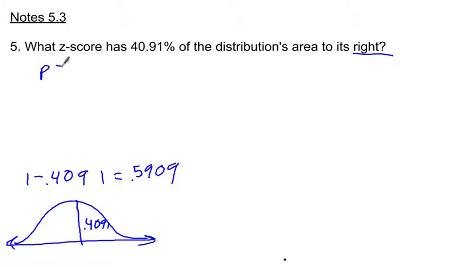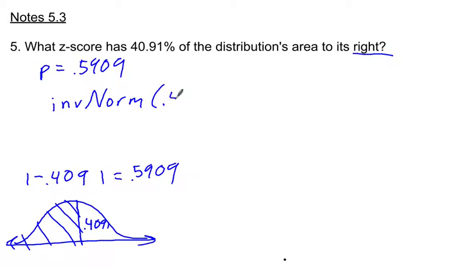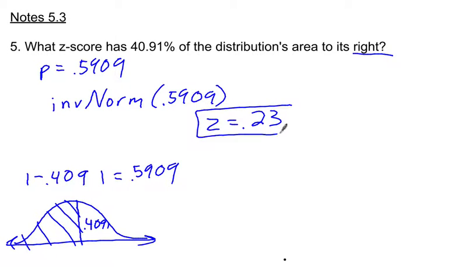So our p-value here is 0.5909 because we have to consider the area to the left. We're just finding the z-score here, so use the inverse normal, 0.5909, and this gives us a z-score of 0.23.